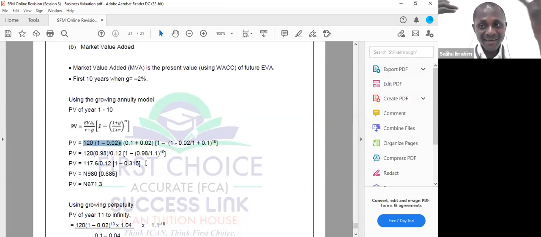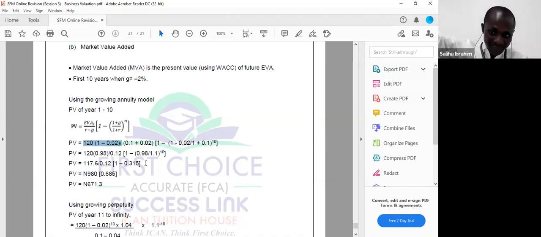But because it is declining, it is reducing, it is dropping, then instead of the growth rate, it will now be the declining rate. The declining rate will now be 1 minus 0.02. Do you understand that? That's the reason why I have that there. Then I will now say all over, instead of R minus G, it's now R plus G. R is 0.1, G is 0.02.